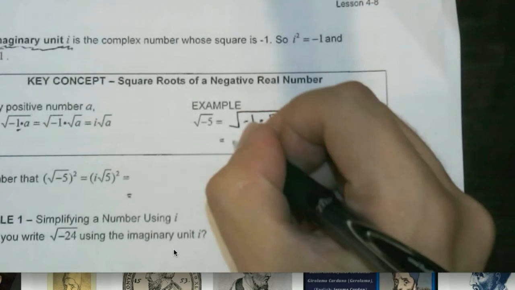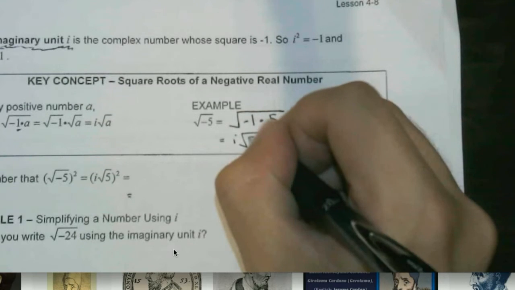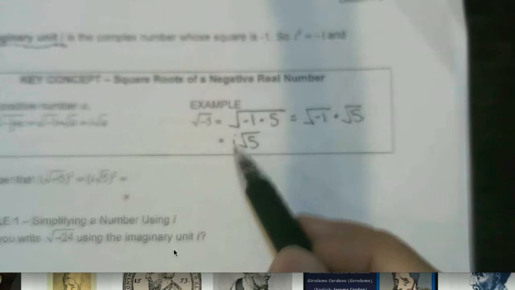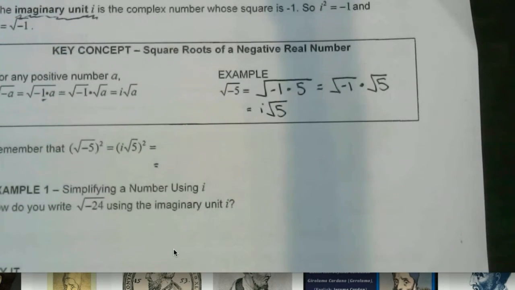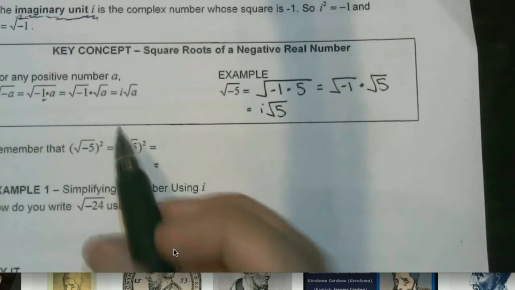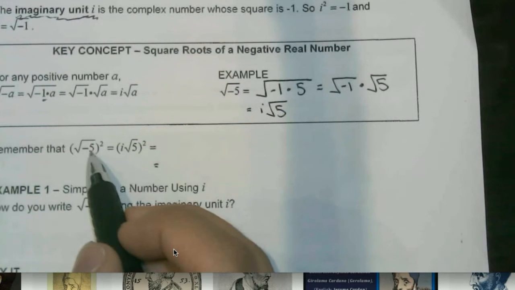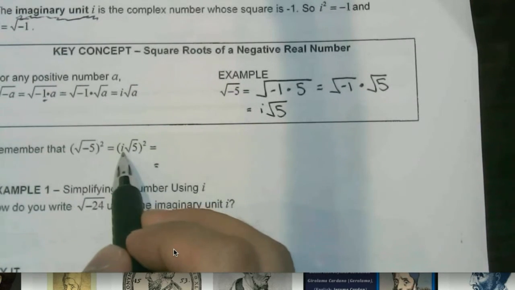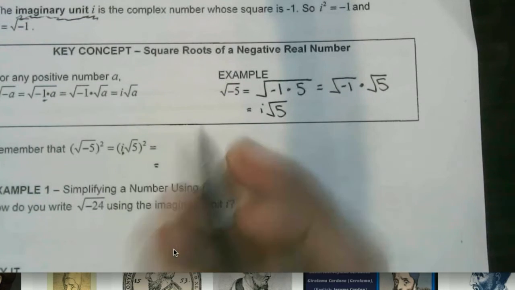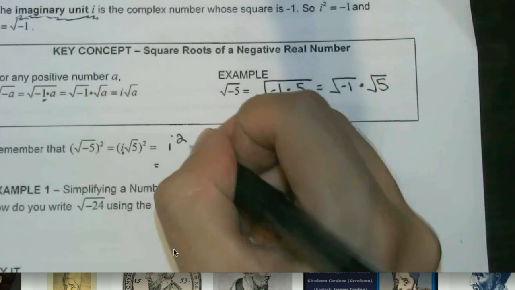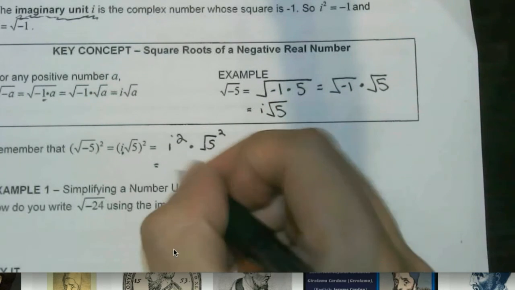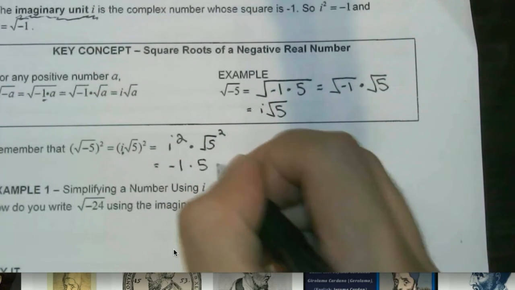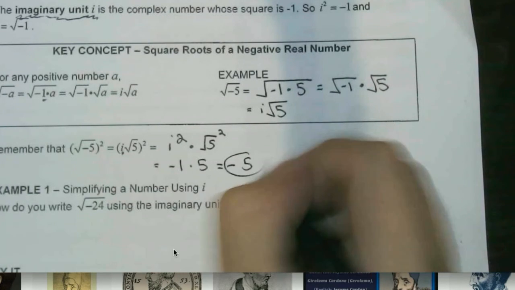So we can say that this is i square root of 5. And notice that i is outside of the radical. We can also work backwards and say that if we were squaring i root 5, we can treat this like i squared multiplying with the square root of 5 being squared, which is pretty much negative 1 times 5, a.k.a. negative 5.